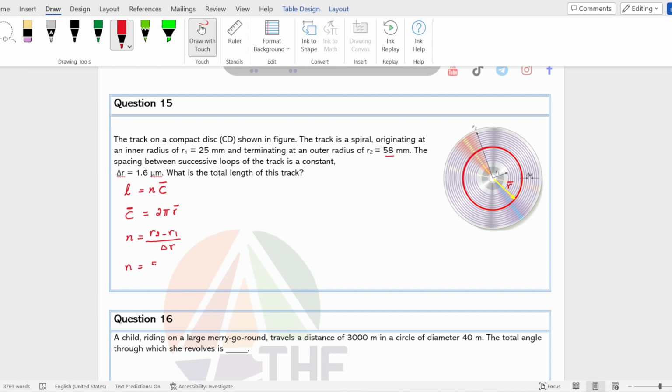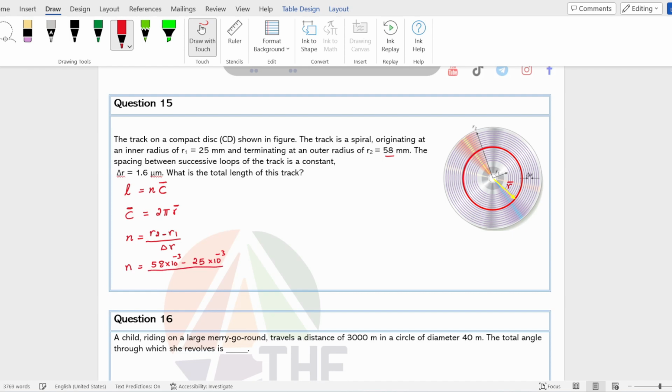So what do we get? We get 58 times 10 to the power negative 3 minus R1 is given as 25 millimeters converted to meters. So we get 25 times 10 to the power negative 3.